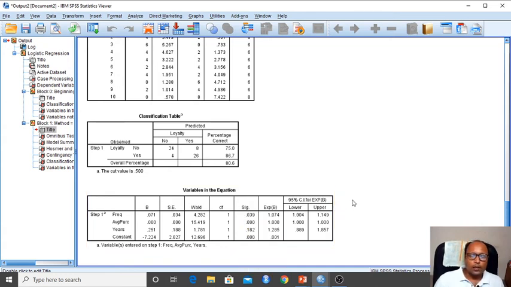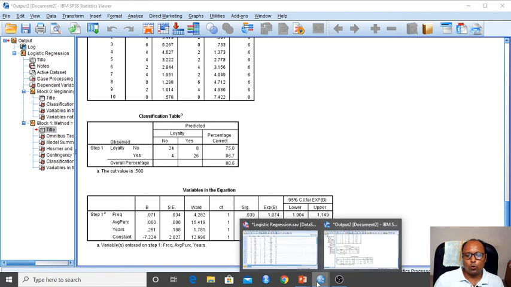Now if you are talking about the regression equation, it is in terms of this B value. So your regression equation is minus 7.224 plus 0.251 into years, 0.000 into average purchase, and 0.071 into frequency. This gives you a probability value. We have already selected probability while running the function.